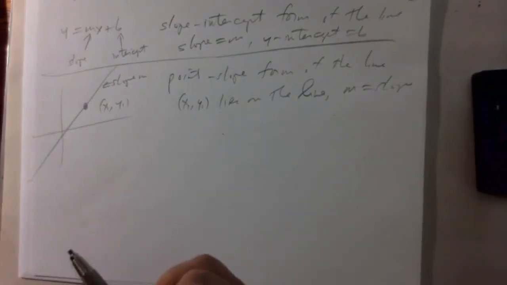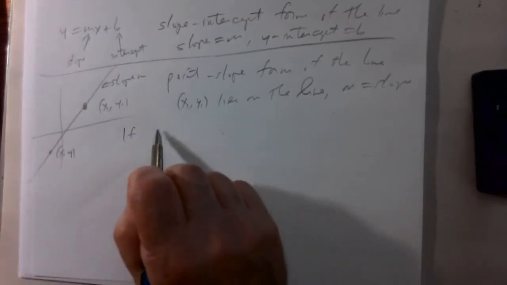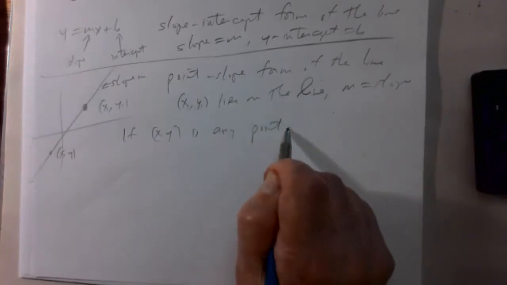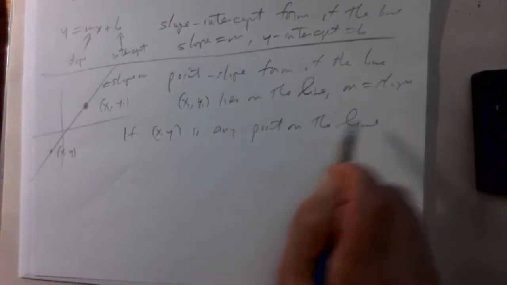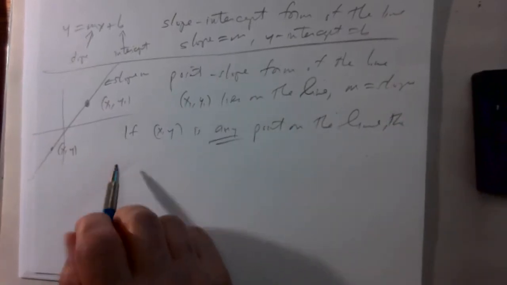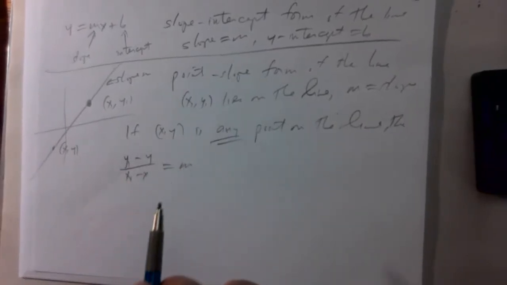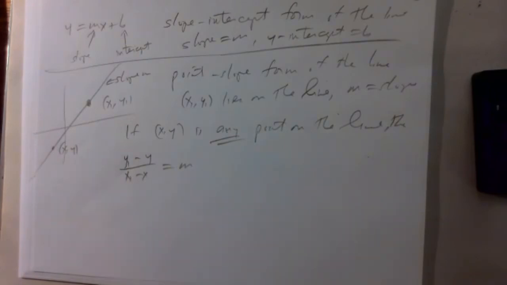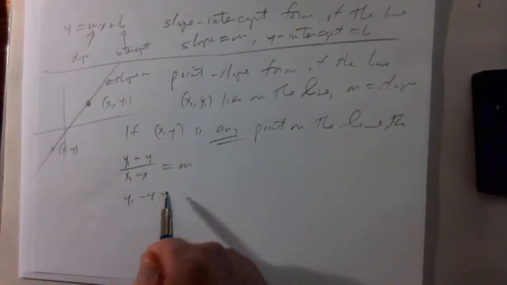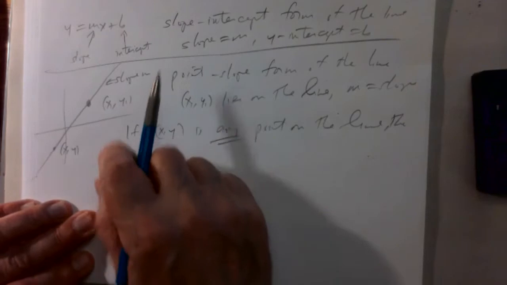So we can actually work out the formula for this. Suppose we take x, y, any point on the line. Then the slope m is y1 minus y over x1 minus x. That's equal to m. If we solve this equation for y, we get y1 minus y... actually, this is correct, but let me just write it slightly differently and save a little bit of work.